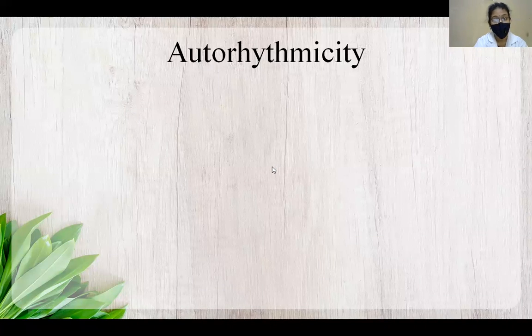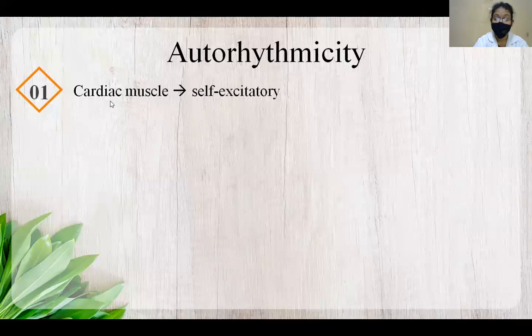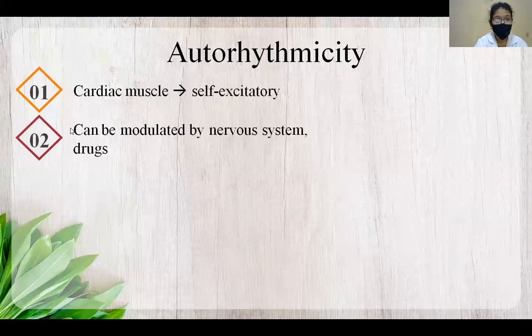Autorhythmicity. A very, very important property of cardiac muscle. The cardiac muscles are self-excited, meaning they do not depend on anybody else for excitation. They are capable of generating their own impulses. But the rate of generation of impulses can be modulated by the nervous system, meaning the sympathetic and parasympathetic systems can influence it.